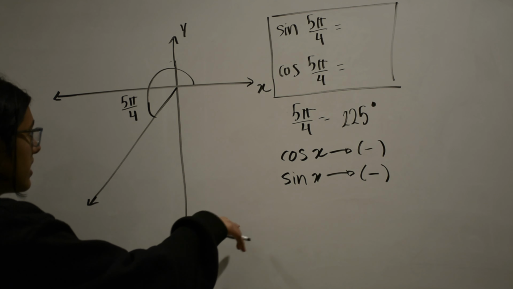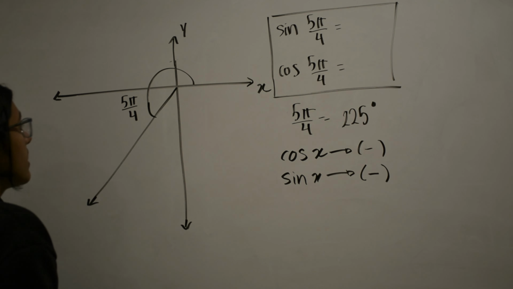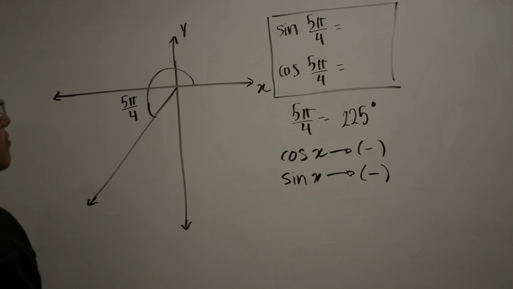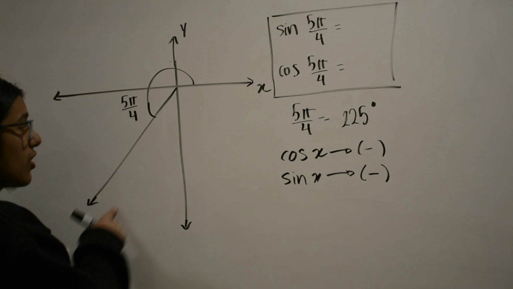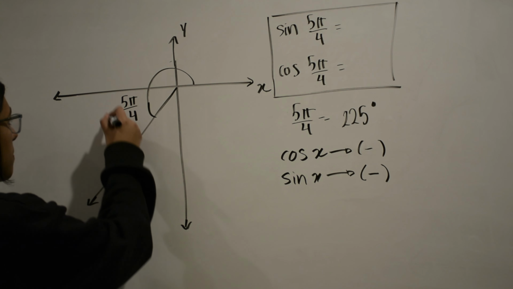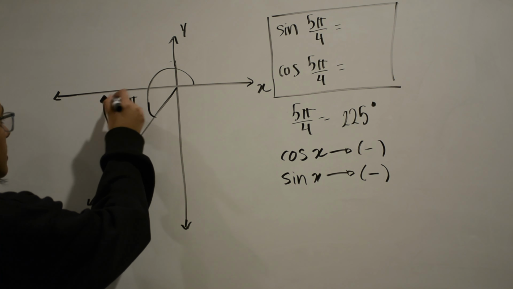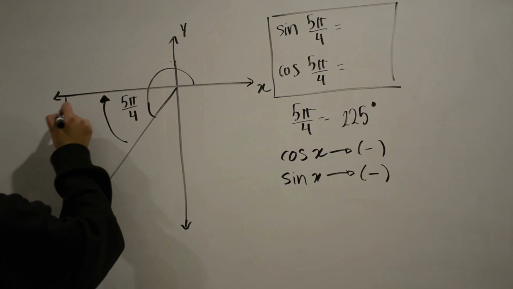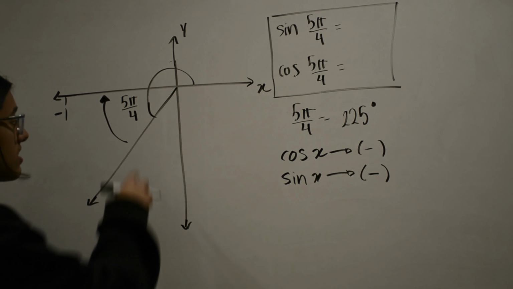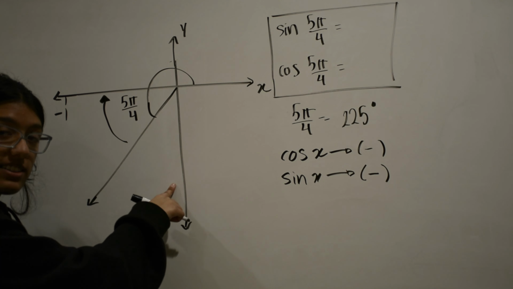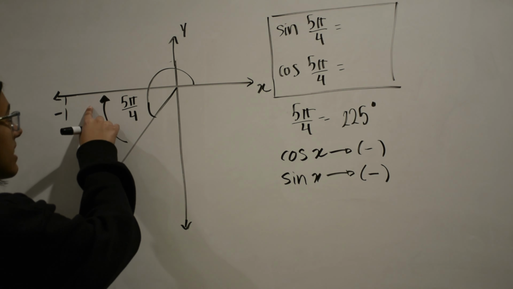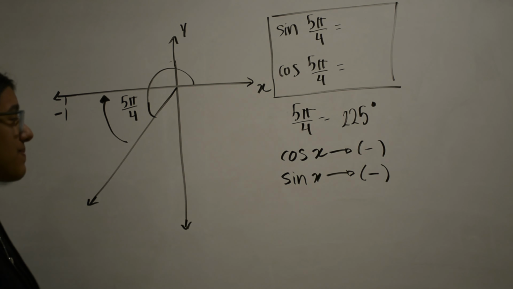Now that we have the signs, we're going to find the actual value. And the reference angle for an angle in the third quadrant is going to be back to this negative x-axis. It's not going to be to this negative y-axis. Instead, it's going to be to this negative x-axis. That's just how it works.